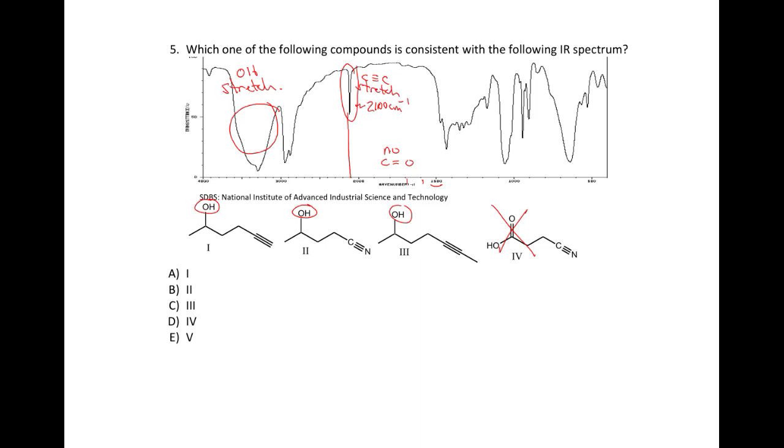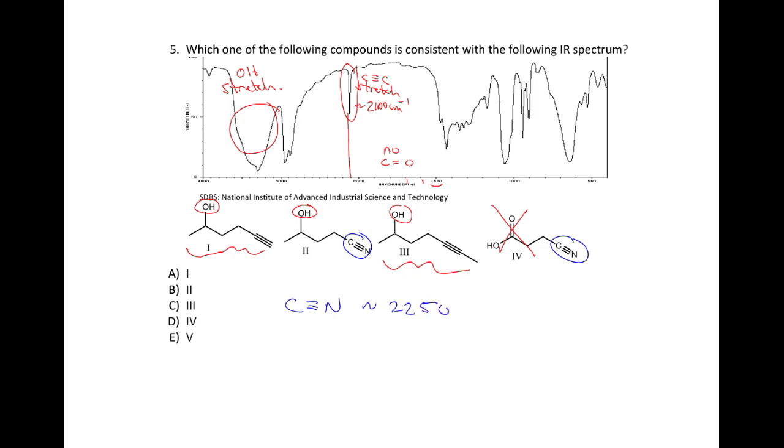That means it's either going to be compound number 1 or compound number 3. Also, I just want to point out that compounds 2 and 4 both possess a nitrile. A nitrile, the C triple bond N, should have an absorbance around 2250.